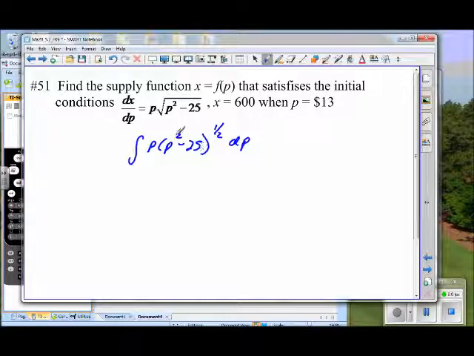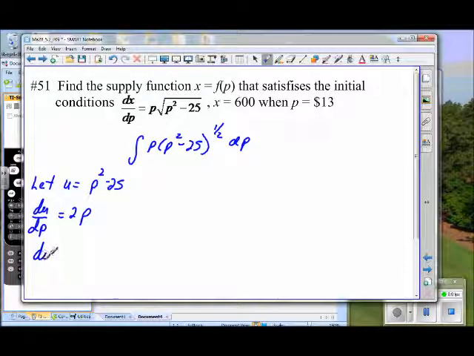Now, in order to do that, I see I have a composite function, so I'm going to go off to the side and say let u equal p squared minus 25. Then I have du dp, because I have a variable p here, as 2 times p. Multiply both sides by the differential p, so I have 2p dp.